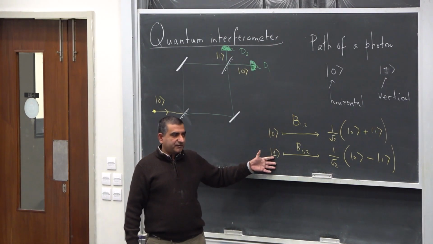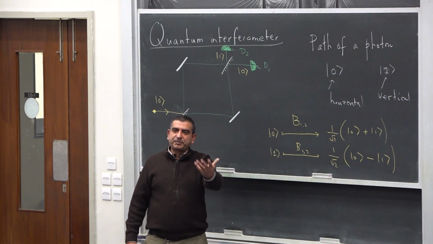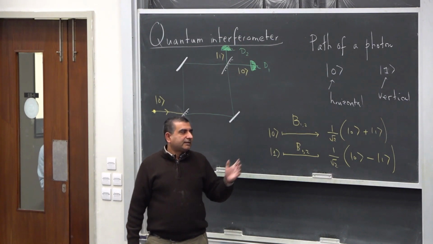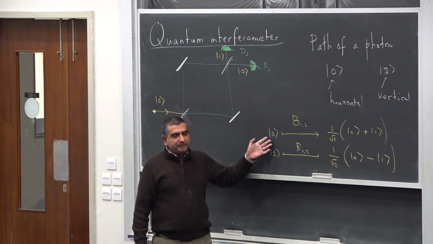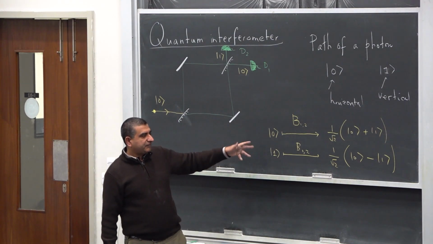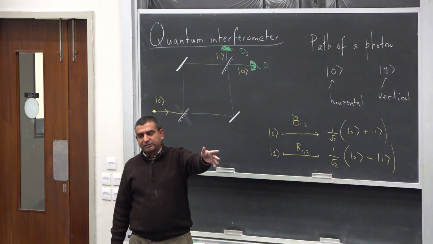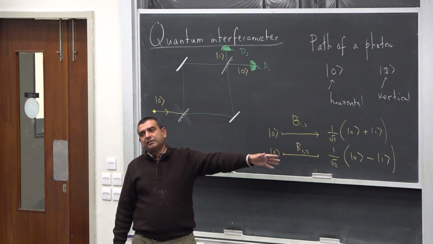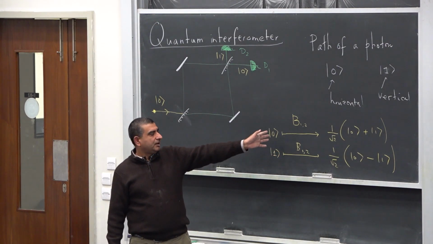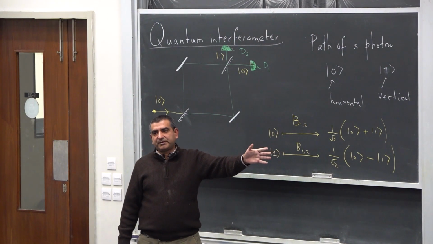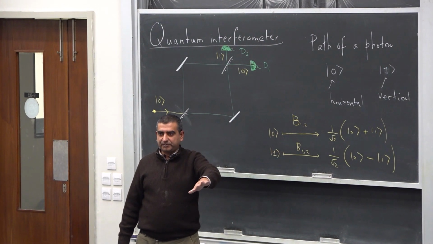It achieves this transformation. So this is given to you by the optical engineer. There are other possibilities as well, and I'll give a homework problem if the beam splitter does something differently. So that's not a unique prescription of a single beam splitter. A beam splitter can be defined in another way as well.